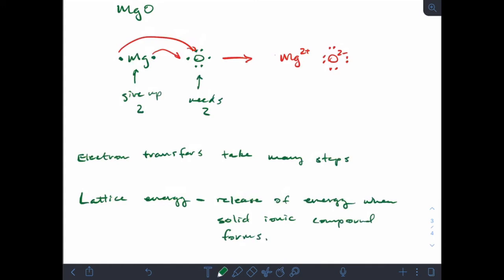So I'm going to go ahead and stop this video here, and we'll pick it up with an example of how we can figure out what the lattice energy is, and we can see a graphic representation of what that energy release does.